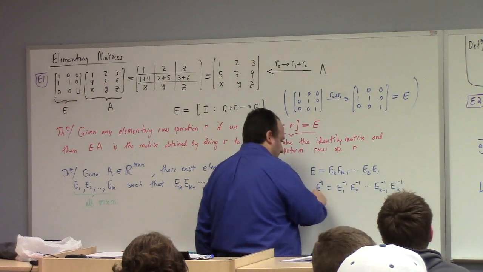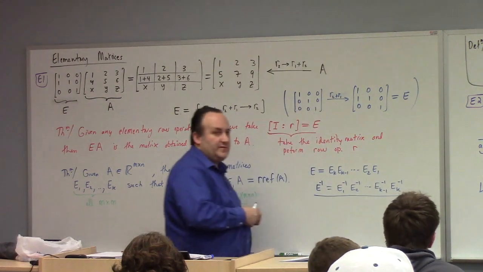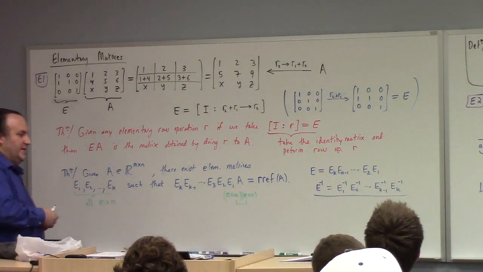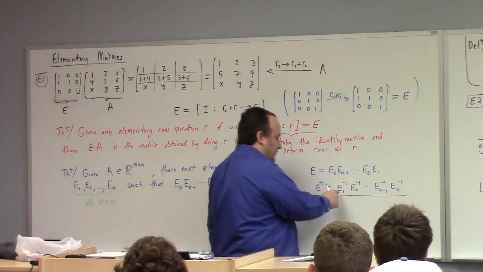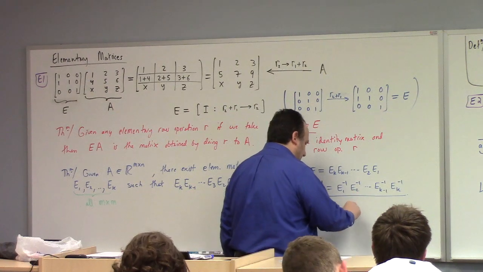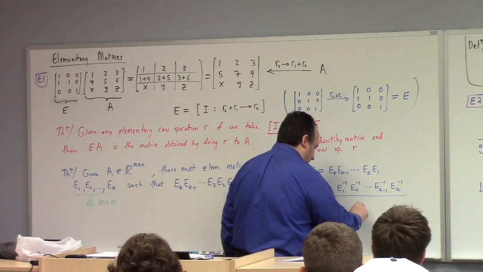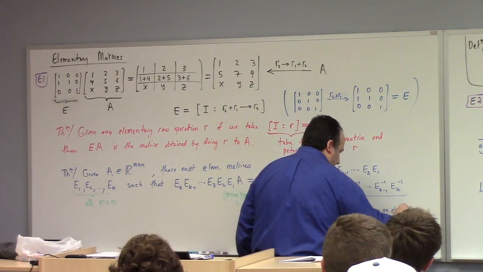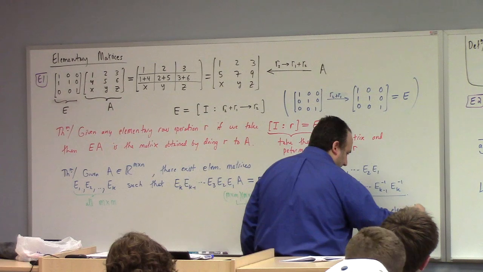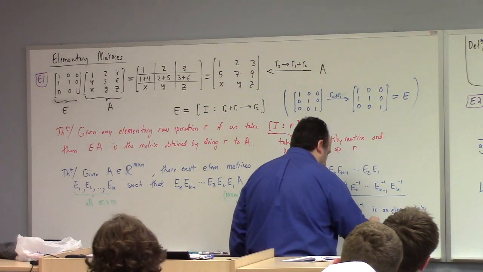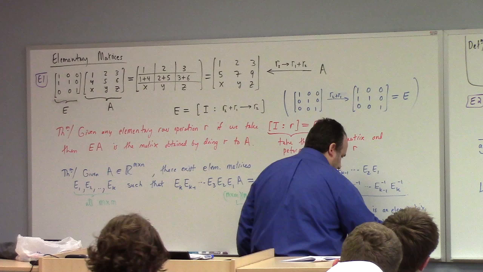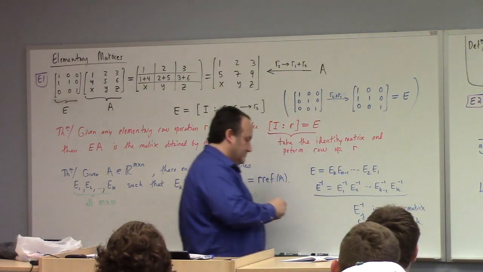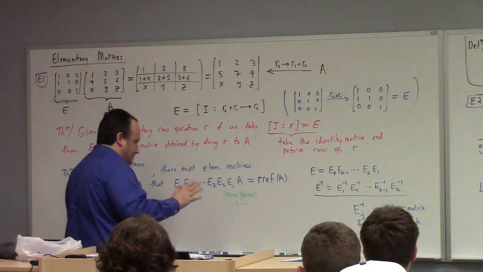All right, so the product of elementary matrices is invertible, like that. And by the way, each EJ inverse is an elementary matrix also. I got K of them. All right. Okay.